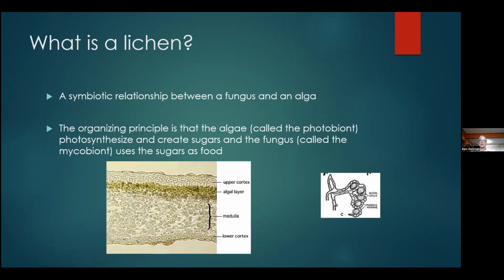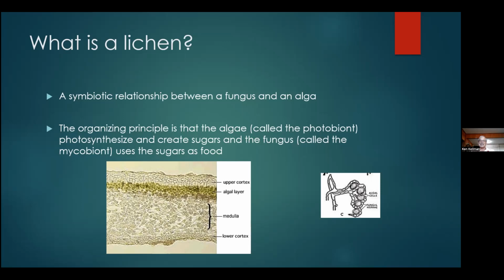But these strands wrap around the algal cells, as shown in that little inset picture to the right, and either just touch the cell wall of the algae or penetrate it, but they don't penetrate the cell membrane itself. In the meantime, these sugars are being transferred to the fungus through this little penetration body called a haustorium.